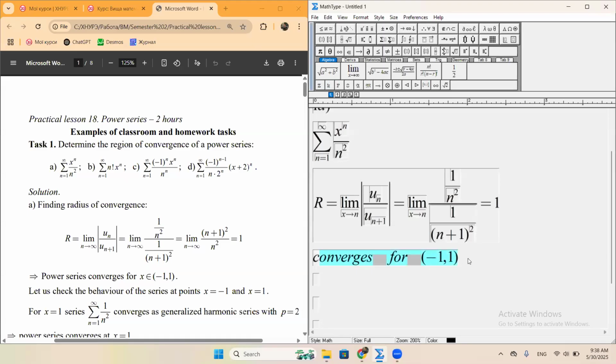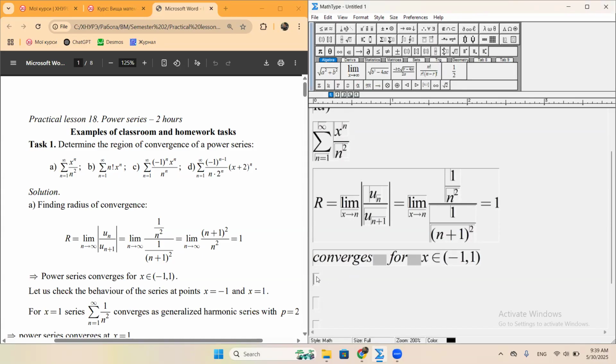We stopped when you started calculating the limit. Okay, so I calculated this limit, found the radius of convergence, and from this formula we can see that the power series converges for this interval, x from -1 to 1.